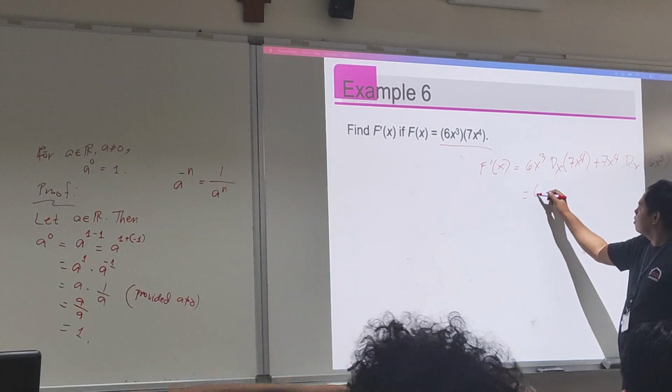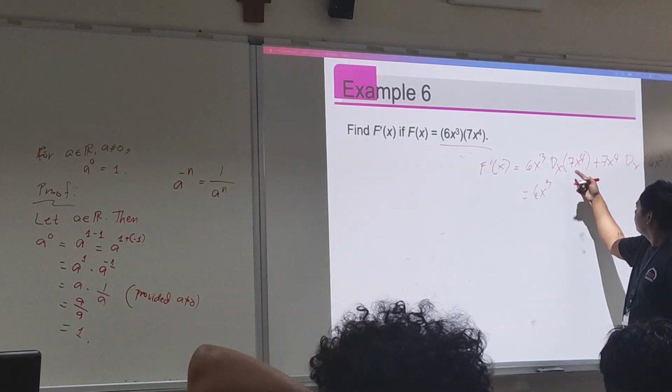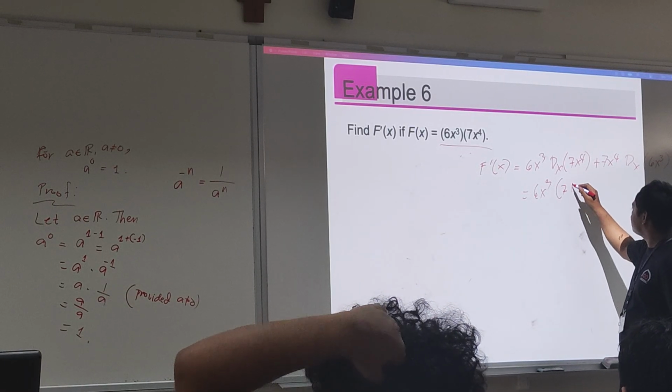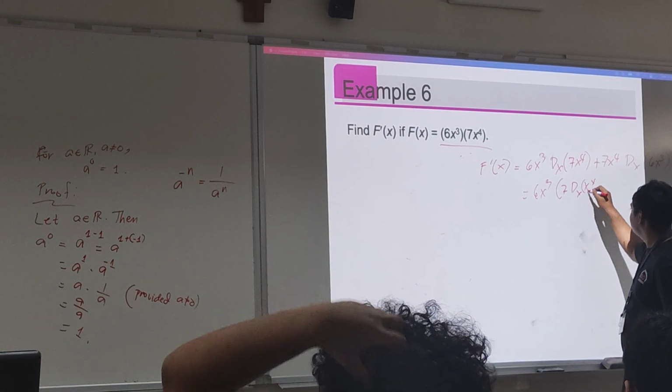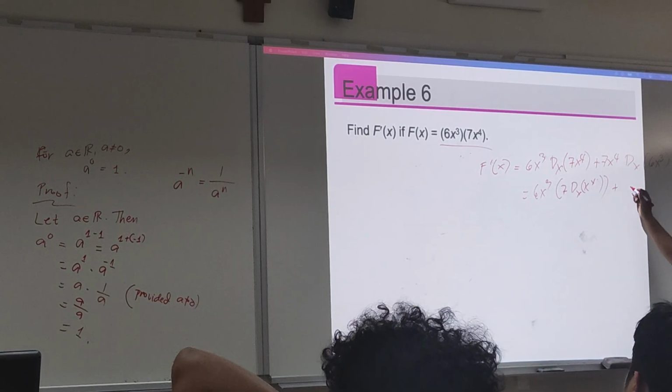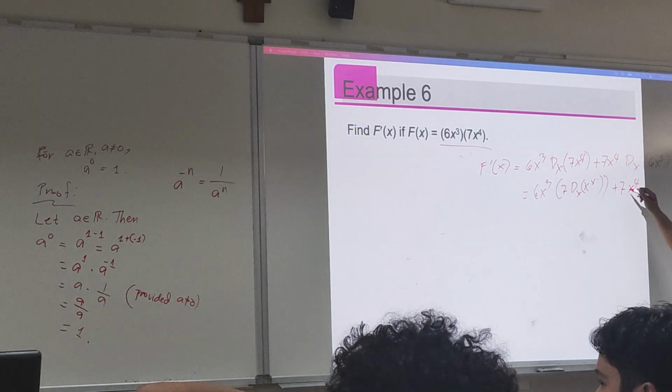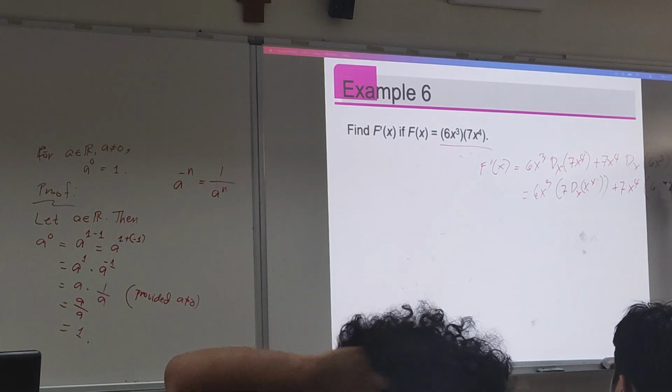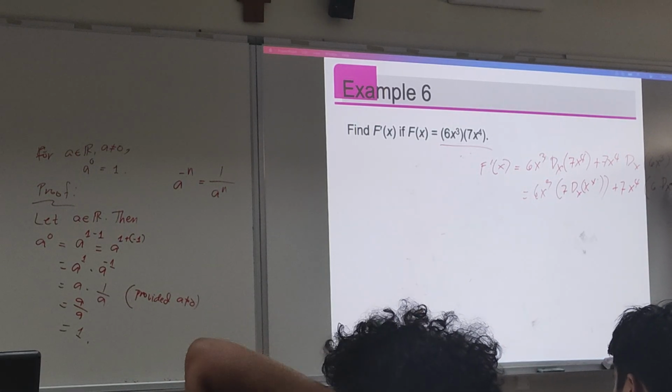This is the same as 6x cubed times 7 times d/dx of x to the 4th, plus 7x to the 4th times 6 times d/dx of x cubed.